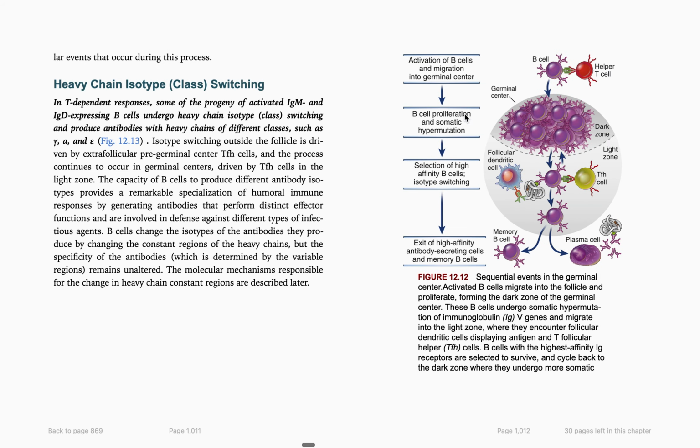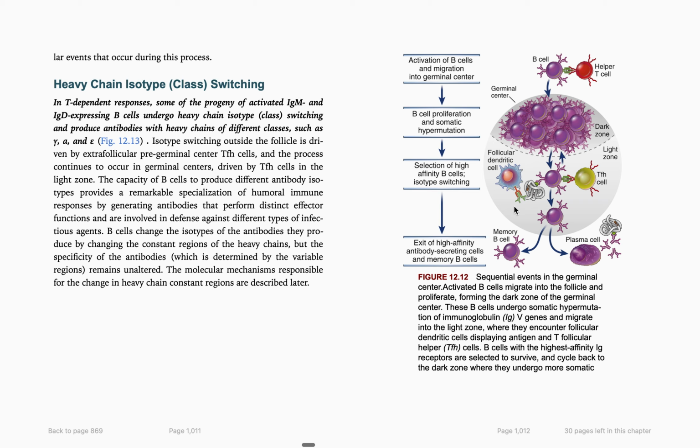So actually, in our diagrammatic presentation is activation of B cell migration into the germinal center. Then in the germinal center, you see there is a dark zone here. There's B cell proliferation and somatic hypermutation happening. Then selection of high affinity, because they will be going to the follicular dendritic cell.